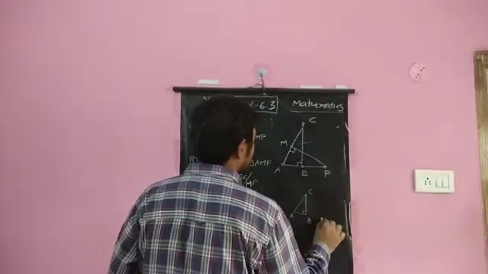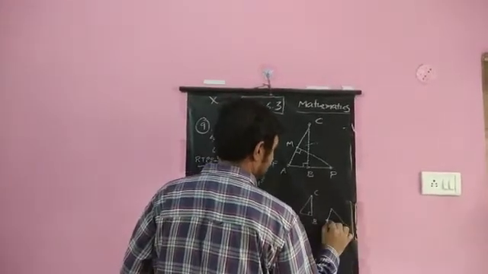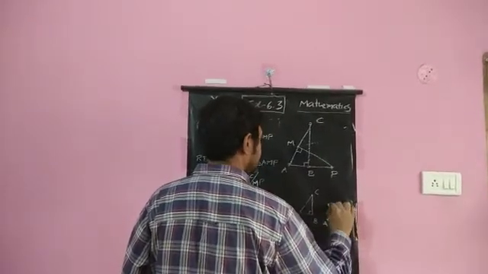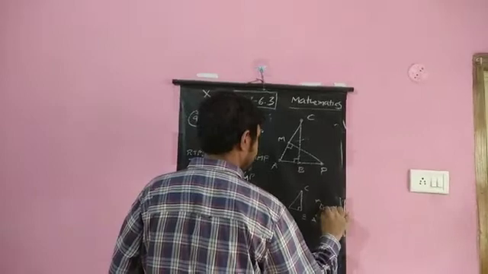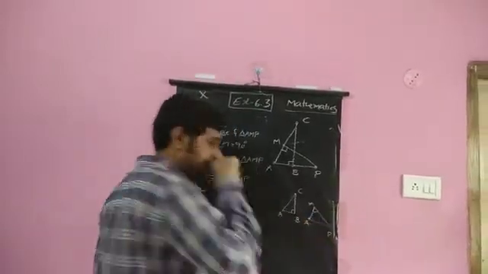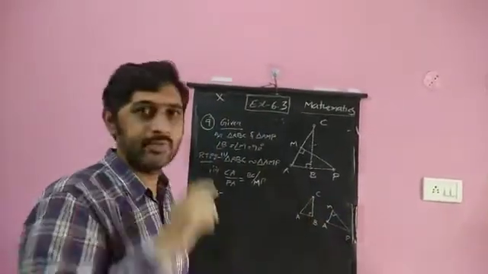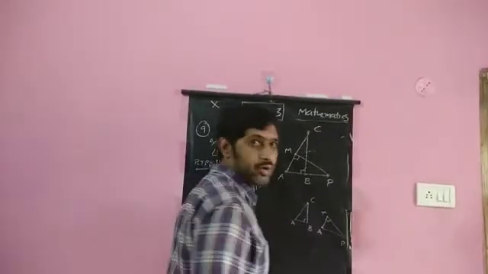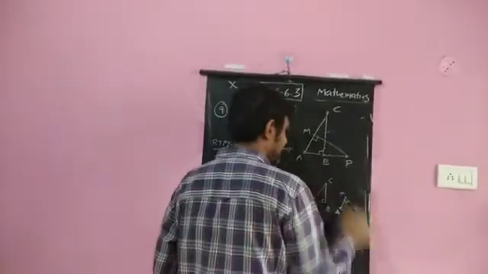A, M. If I take it in this way, this will become A. Take this as M, this as P. I am rotating the triangle and writing it in a different way for my convenience. You need to try to understand triangle ABC and triangle AMP.